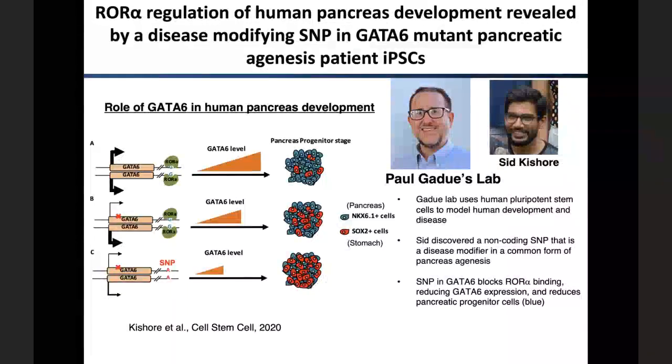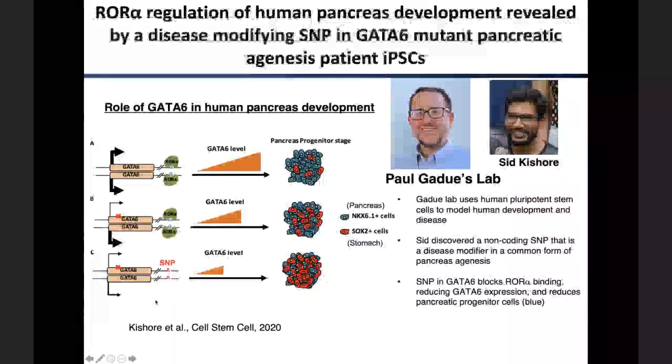And this is the work of a current student in Paul's lab, Sid Kishore, who discovered from human patient tissue a mutation in the GATA6 gene in the 3' region of the gene that leads to an effect on binding of an important transcriptional regulator, ROR alpha, and this affects expression of the GATA6 gene.